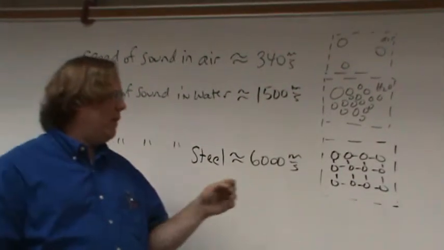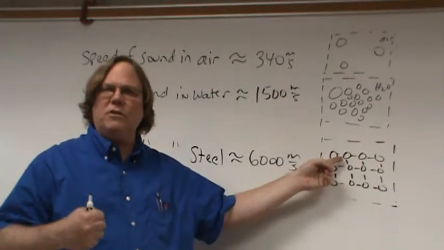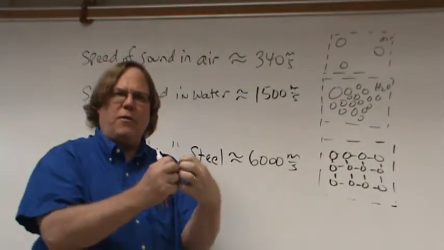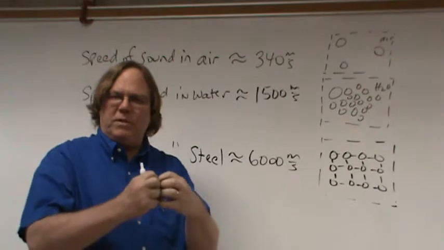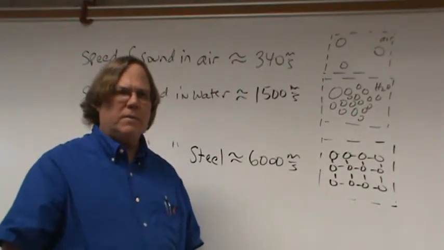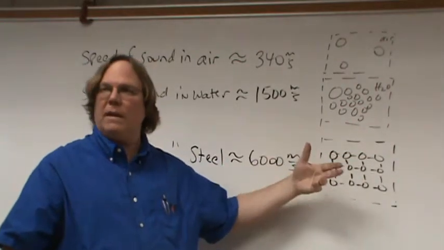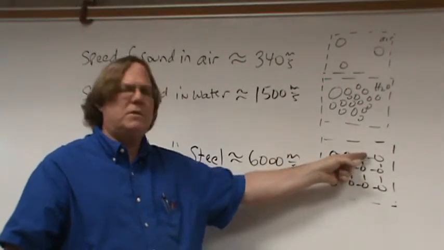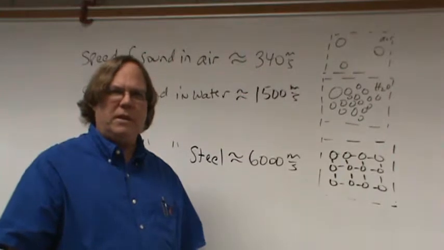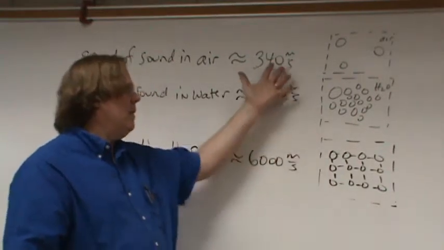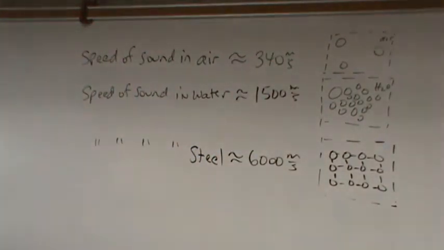You can almost think of this as like having higher tension. The intermolecular forces are higher. They're stiffer, you know? Something that affects this guy is going to affect these guys more readily because they're bonded so tightly to each other. You see? So yeah, that's it. That's the difference in speed of sounds in air, water, and steel. You know?